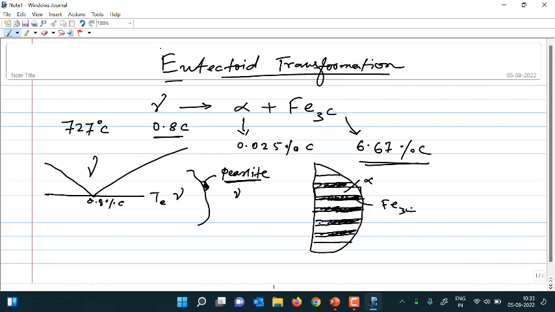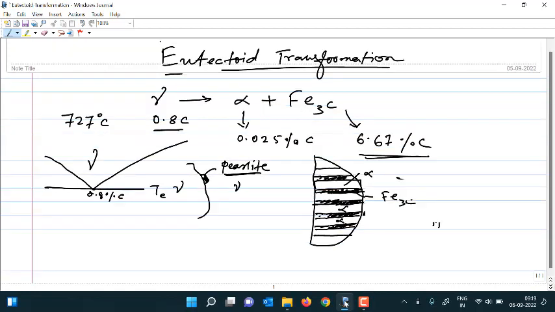When the carbon is being rejected, it is consumed for the formation of the cementite, and when the cementite has formed, you know that all the carbon which was rejected is now consumed, and therefore the carbon content around the cementite lamella has decreased significantly, and that would lead to the formation of ferrite. Okay.